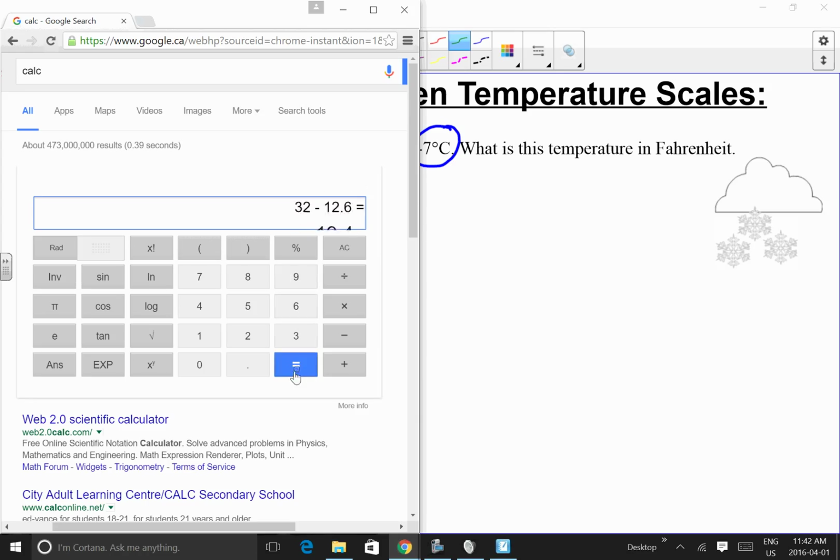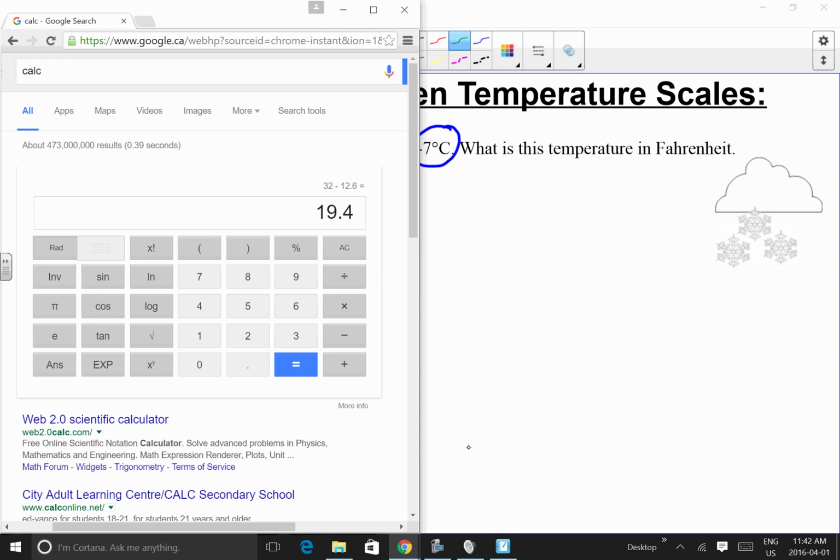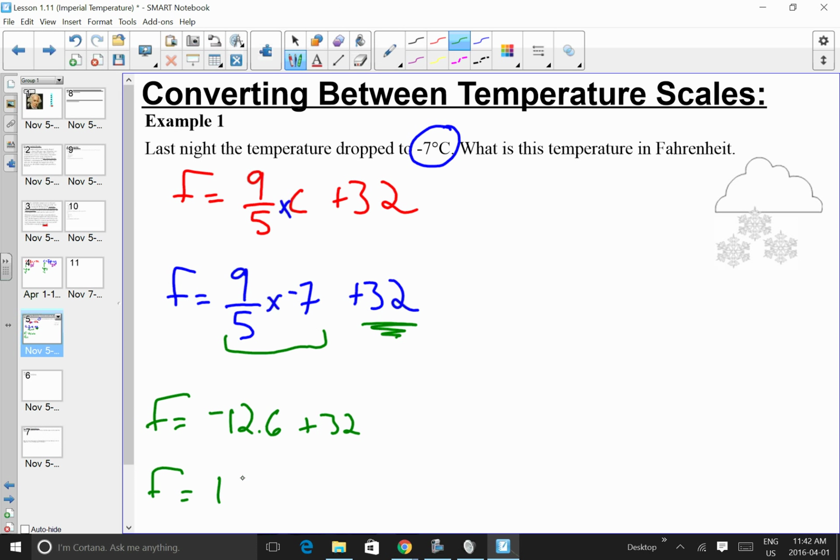Okay, same thing. So my temperature in Fahrenheit was 19.4 degrees. Make sure you put your unit so we know what you're talking about.